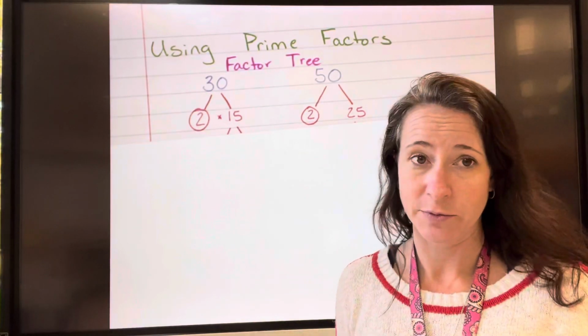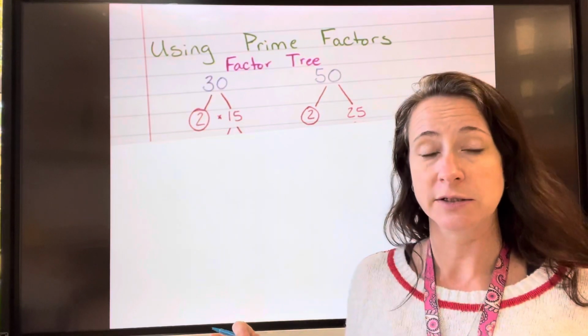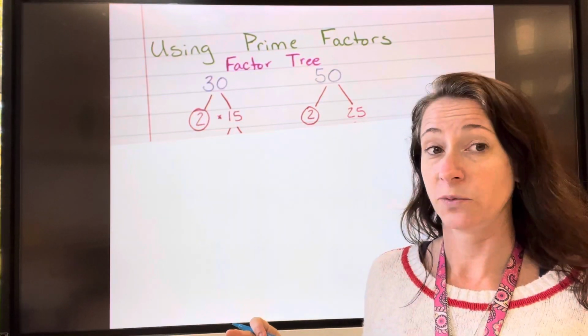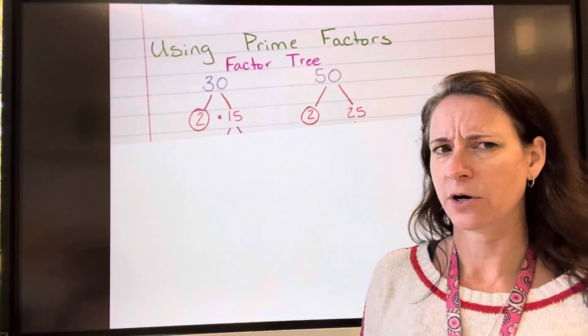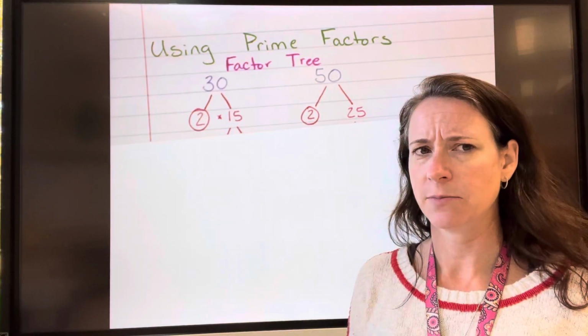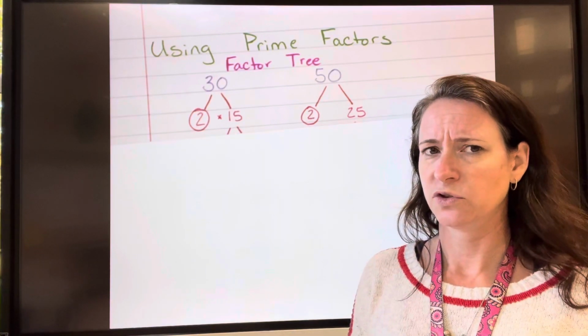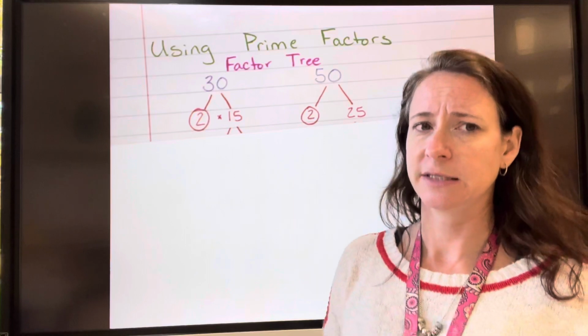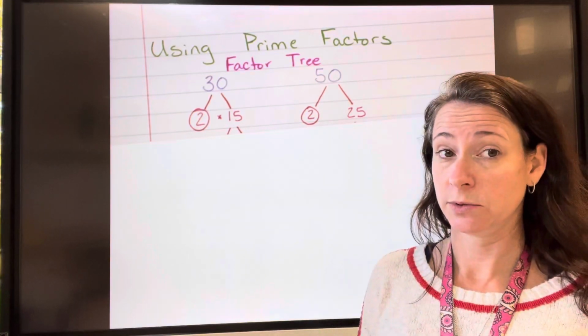Those are not prime numbers, so we have to break them apart by their factors until we get to a prime number. A prime number is a number that can only be multiplied by 1 and itself. So 2 is a prime number because you can only multiply 1 times 2 to get 2.